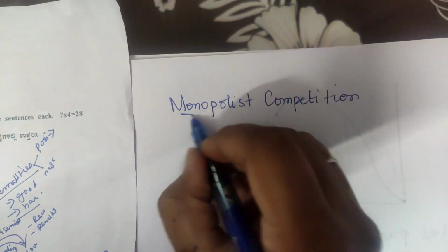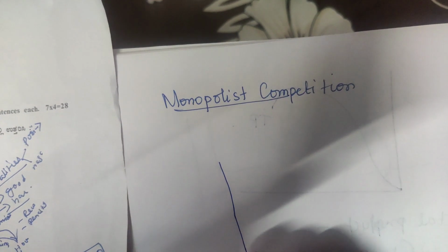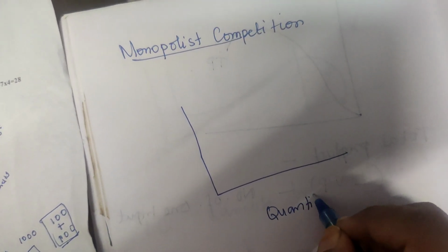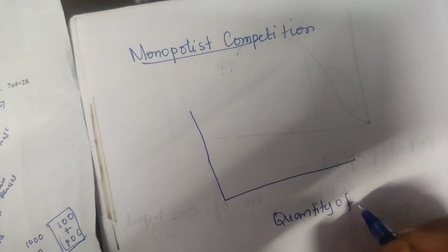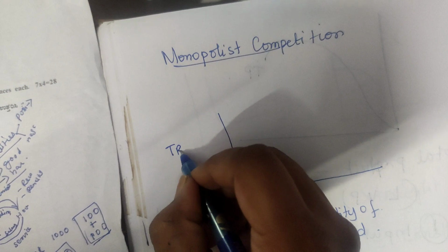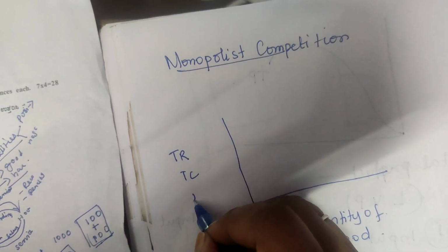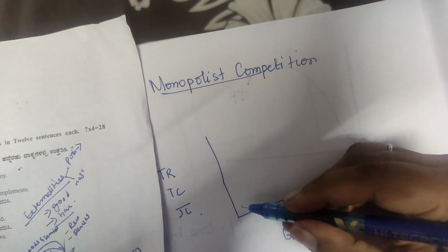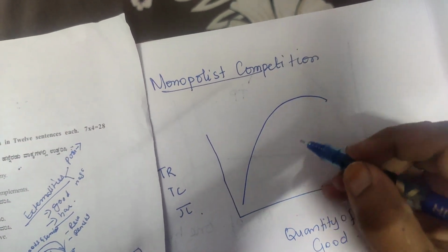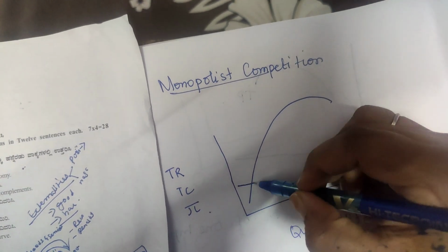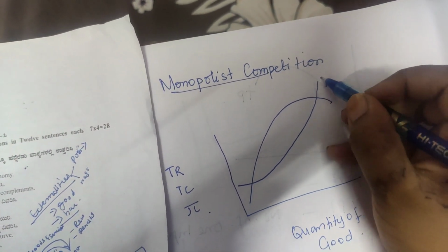So how we will draw the diagram is that this is our quantity. This is our quantity of goods, any goods, and here we are going to calculate TR, TC and profit. So this is our TR, and this one is our TC.